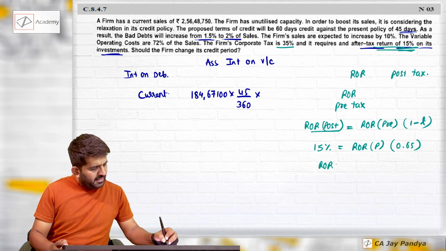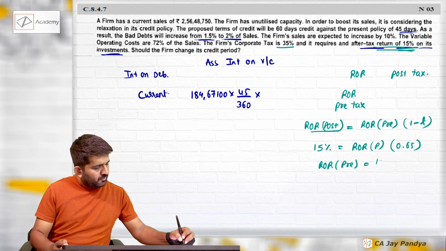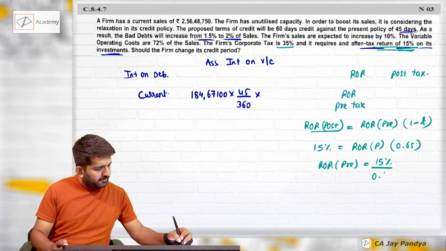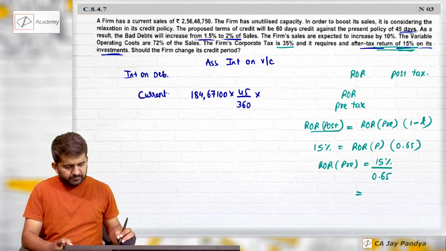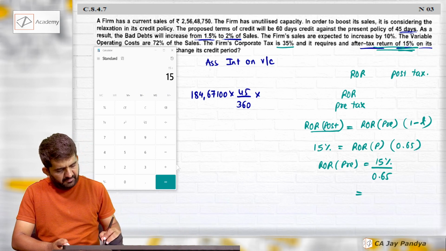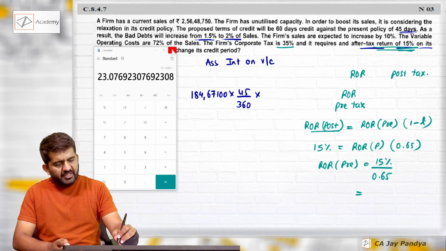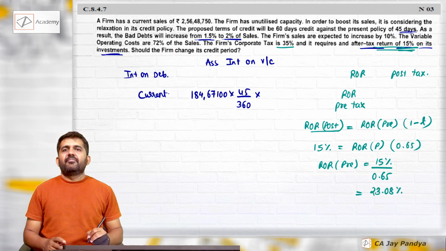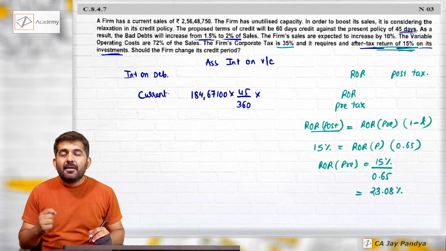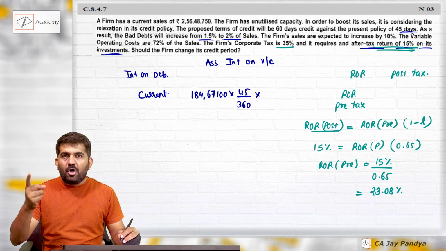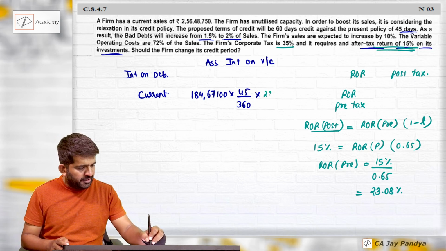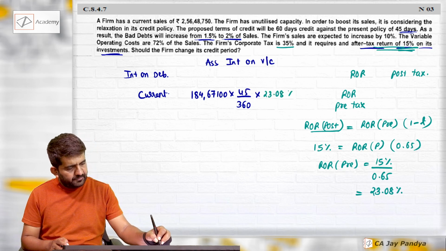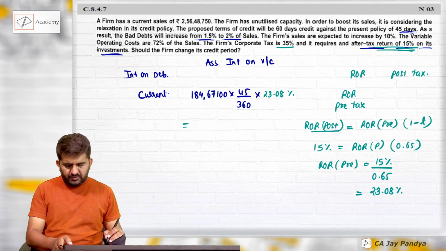So what will ROR pre be? It will be 15% divided by 0.65. 15 divided by 0.65 is 23.08. This is my pre-tax required rate of return. I have all pre-tax figures, so I can apply it over here: 23.08%.